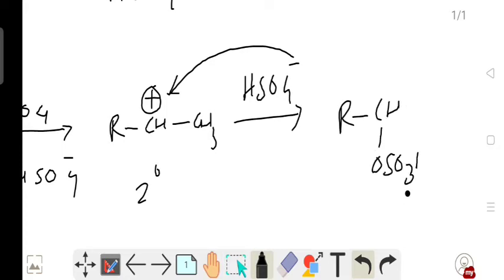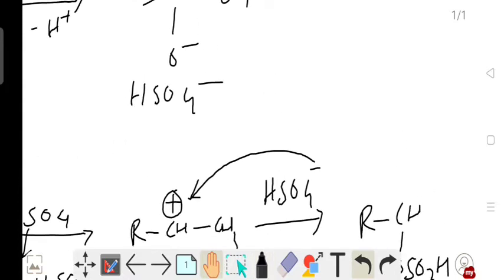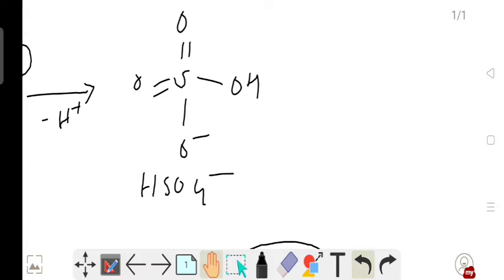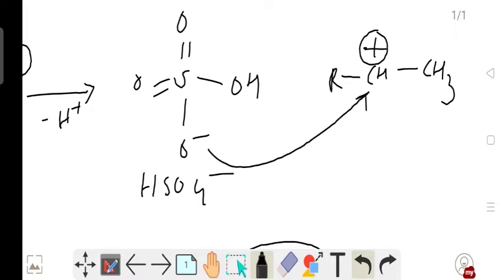Why is it OSO3H? You can notice that the O minus in the previous structure of HSO4 minus acts as a nucleophile. If I take this carbocation, this negative charge will bind with this carbon atom.